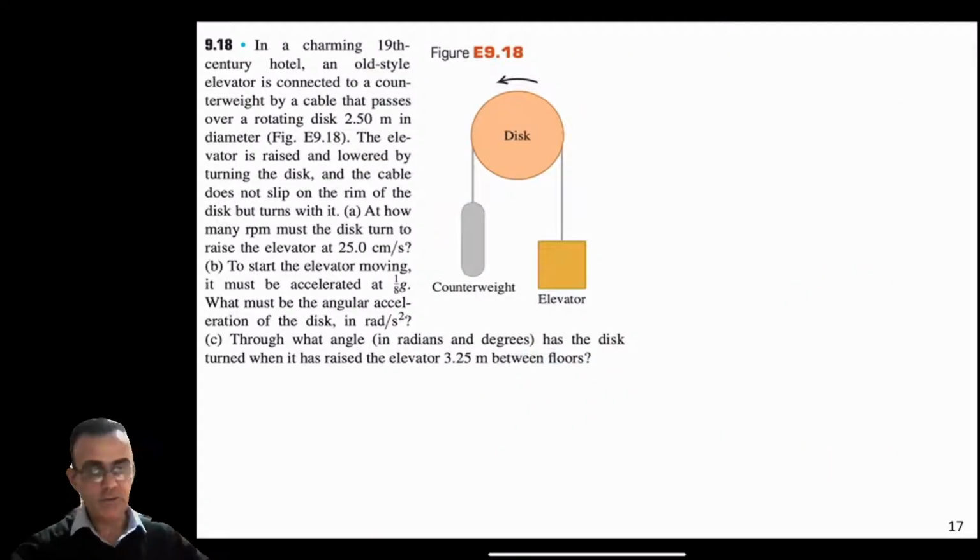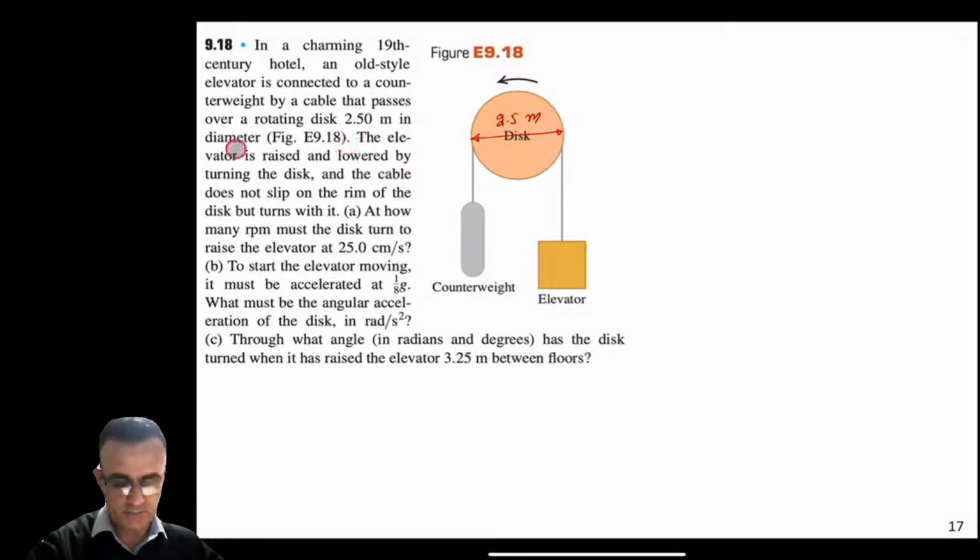Okay, so now we can solve a numerical example so that we understand the main idea of this whole exercise. In a charming 19th century hotel, an old style elevator is connected to a counterweight by a cable that passes over a rotating disc, 250 millimeter diameter. So this is 2.5 meter is the diameter of this disc here.